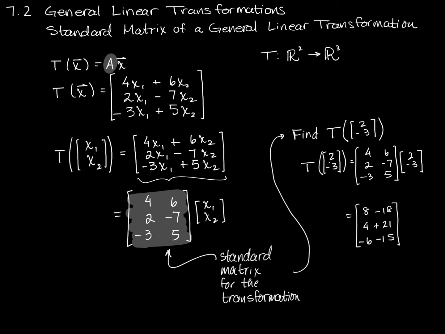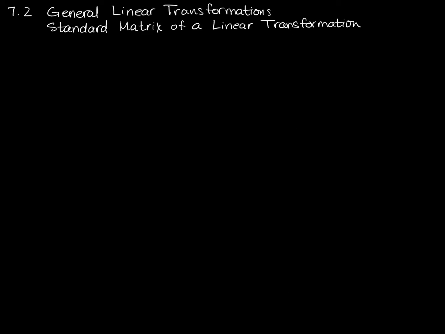Well, we can do this with general transformations, or general linear transformations as well. Let's start by remembering that the standard basis for Rn is equal to a collection of vectors we called E1, E2, and so on, up to E sub n.